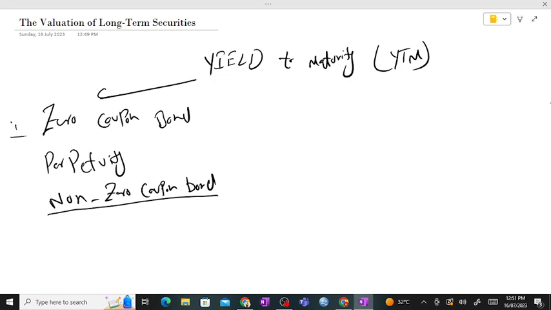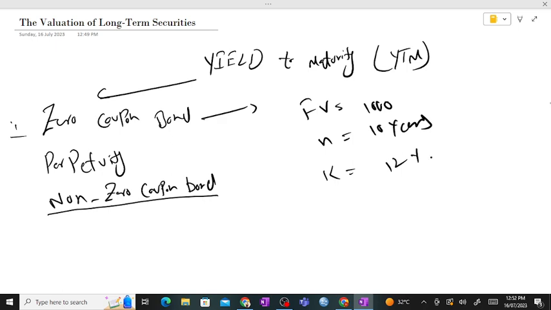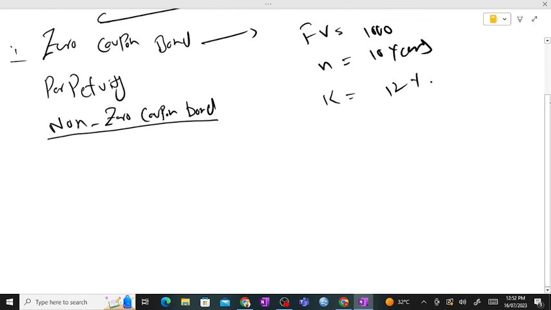Face value we have is 1,000, maturity N is 10 years, and the required rate of return K is 12%.